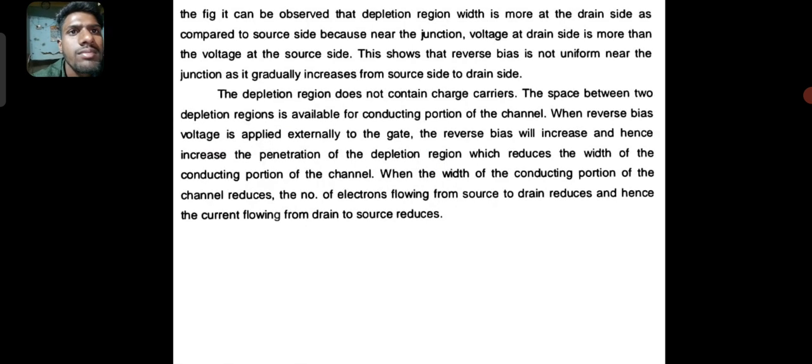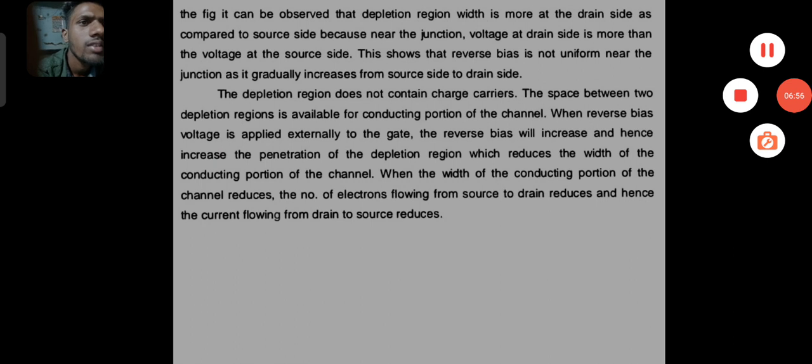From the figure it can be observed that the depletion region width is more at the drain side as compared to the source side, because near the junction the voltage at the drain side is more than the voltage at the source side. This shows the reverse bias is not uniform near the junction, as it gradually increases from source to drain side.